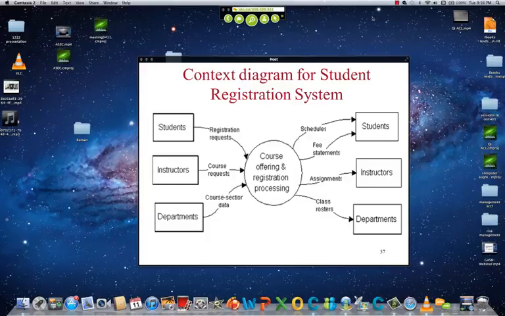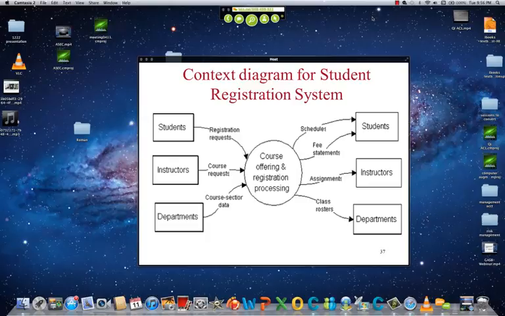Finally, it says something about class rosters; I think they do mention it here. So you read the narrative, you try to understand what's going on, and this is what you try to put in, okay? This is something hard, so you have to put some thought into it. This is your first stage.